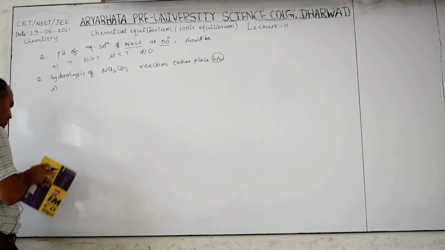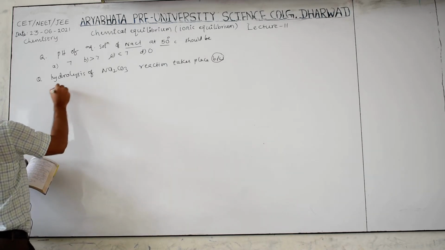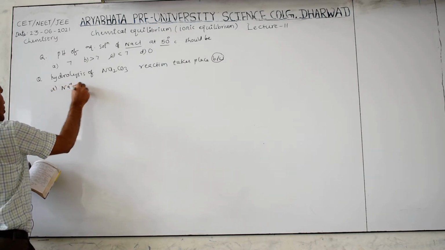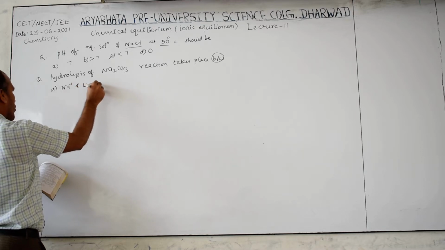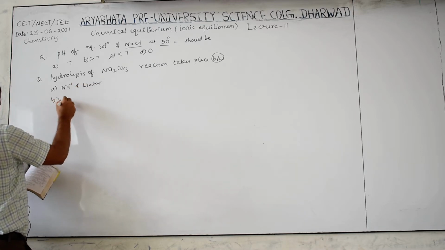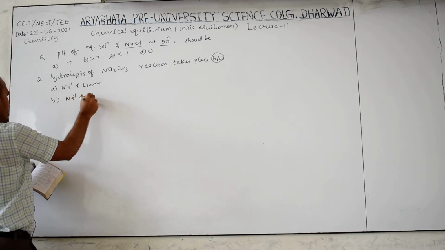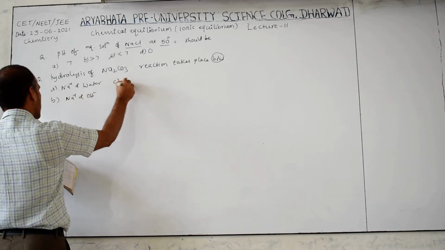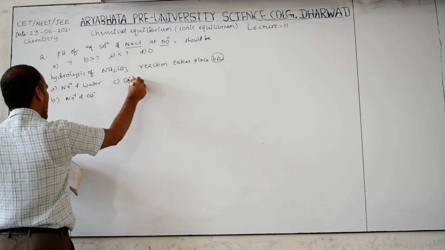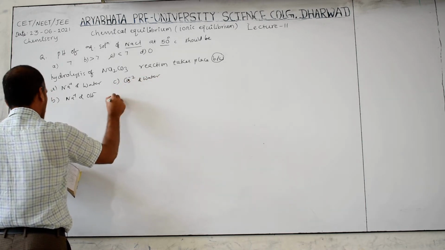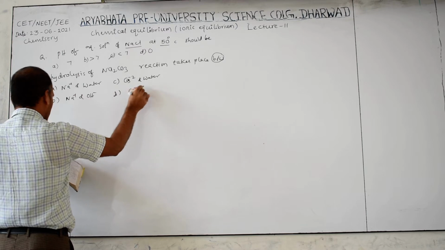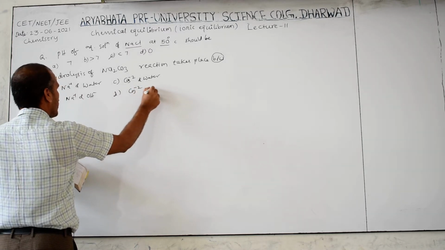Option A, Na plus and water; B, Na plus and OH minus; C, CO3 minus 2 and water; D, CO3 minus 2 and H plus.